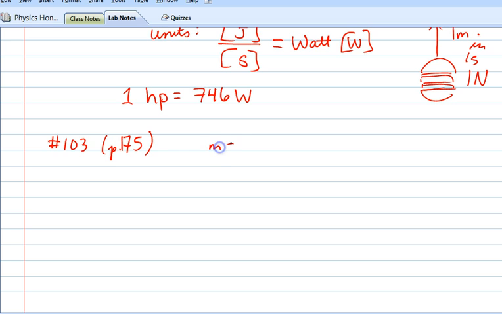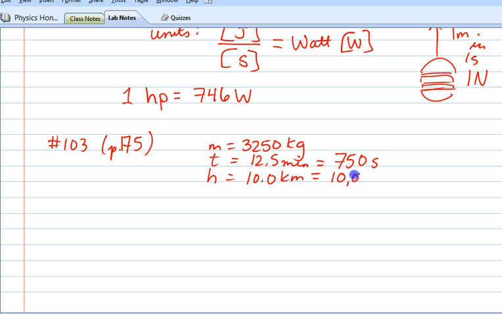The plane has a mass of 3,250 kilograms. The plane reaches its cruising altitude in 12.5 minutes, which I converted into seconds by multiplying by 60, so 750 seconds. It reaches a height of 10.0 kilometers, and I'm going to turn that into 10,000 meters. It's got a cruising velocity of 850 kilometers per hour, and I'm going to convert that into meters per second.